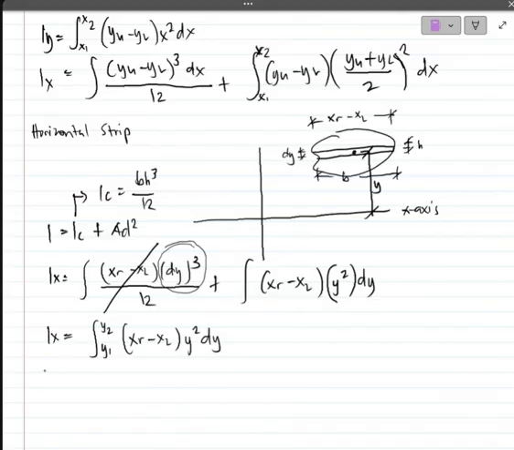And as for our Iy, we now take the moment of inertia about the y-axis.